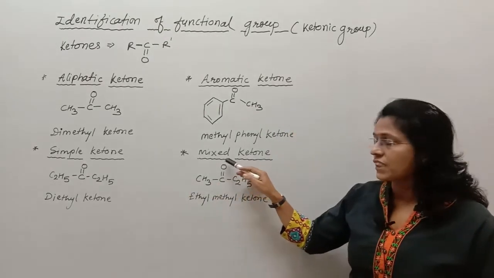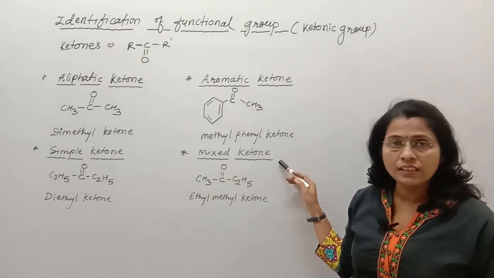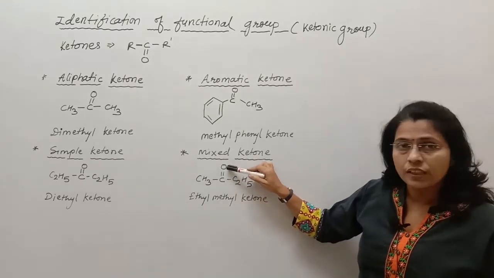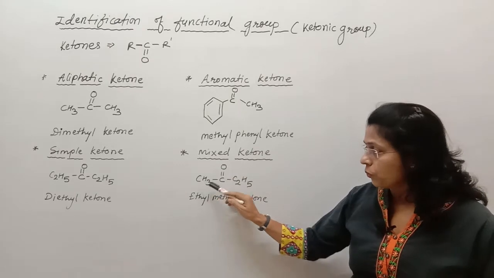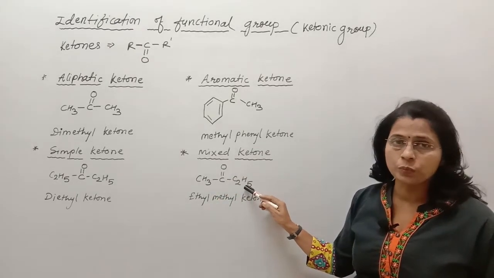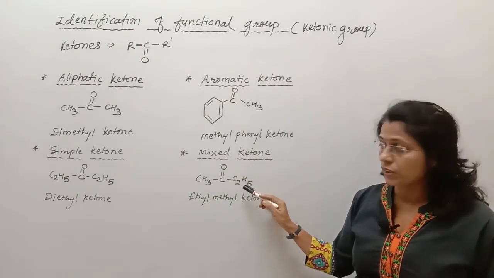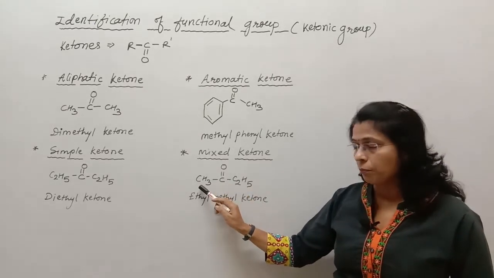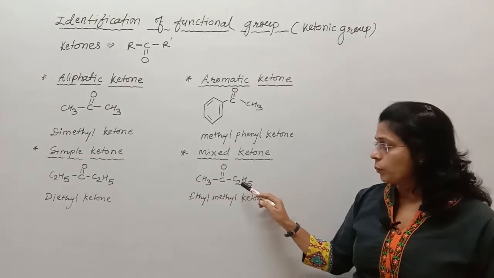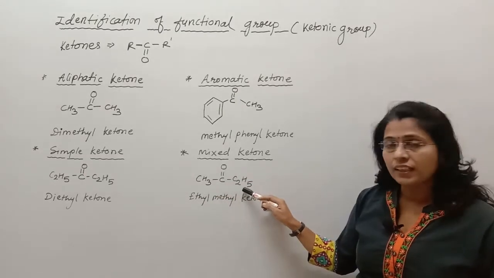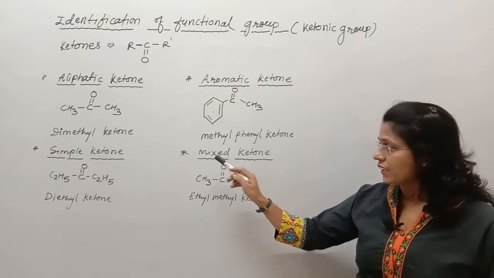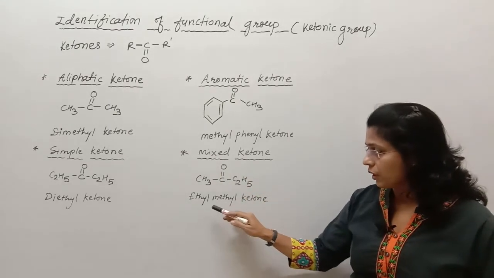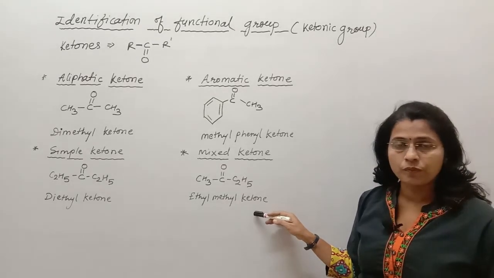While in mixed ketones, also called unsymmetrical ketones, the carbonyl group is attached to two different alkyl groups or aryl groups. See here, one group attached to carbonyl is methyl, while the other is ethyl, and that's why it is a mixed ketone, named ethyl methyl ketone.